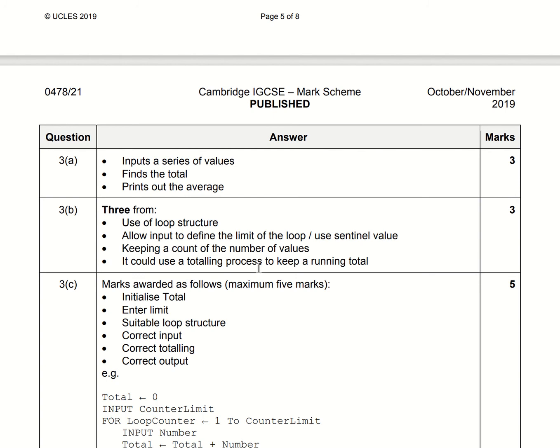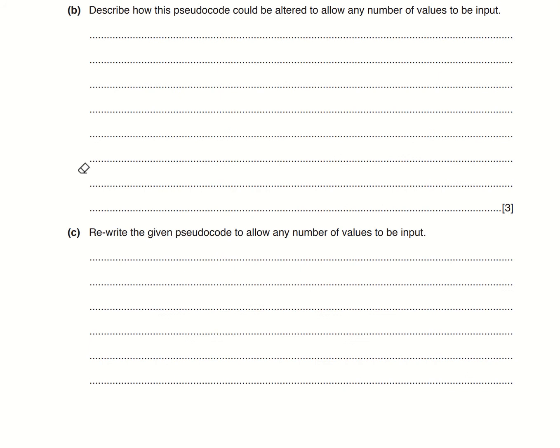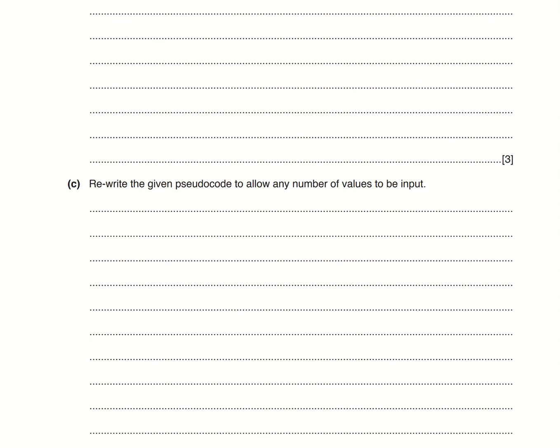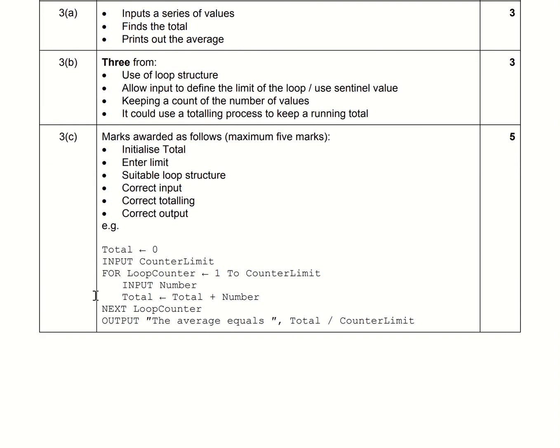At the end you just divide the total by your user input. So there's an example here, you have to rewrite it. This is the example. You input counter limit, I said user input, but this is called counter limit. So for loop 1 to counter limit, 1 not 0, if you were saying in range then it would be 0 to counter limit. But here there's no in range, it's just 1 to counter limit.